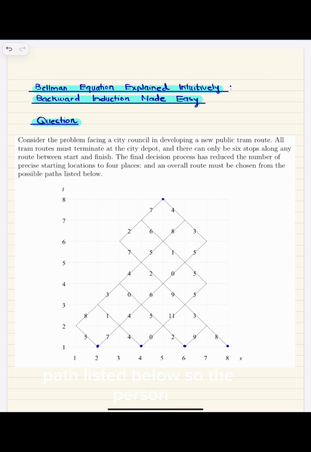So the person has to choose a path from either of these 4 starting points till the end point, such that either the question will tell us if we're looking from the point of view of the producer or the consumer. So the consumer might want to reduce his traveling cost, while the producer would want to maximize the revenue from such traveling.